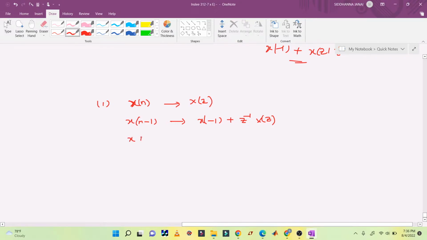Similarly for x of n minus 2, the Z transform is x of minus 2 plus x of minus 1 z to the power minus 1 plus z to the power minus 2 into x of z. This is what we are going to get.